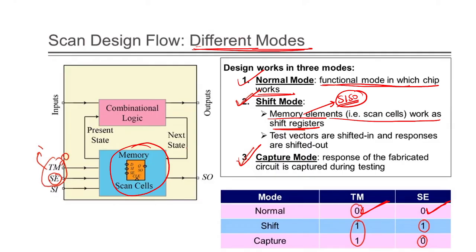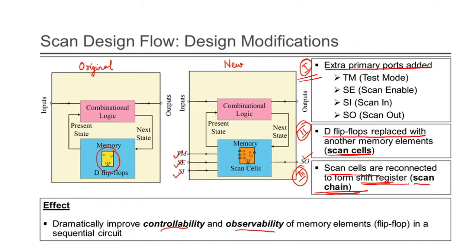Whatever test vectors are there are shifted in, and in response shifted out. While applying clock pulses, depending on the clock, they are shifted out. During shift operation, you need to make TM 0, where TM means test mode, and select scan enable.